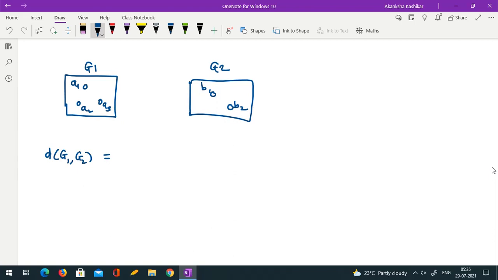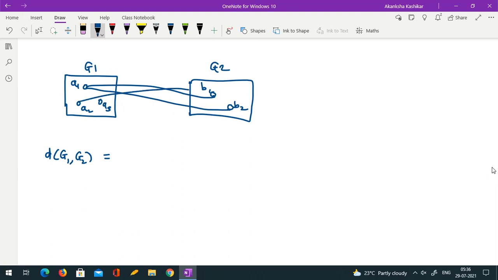Now, what are a few of the obvious things that come to your mind? Maybe the most basic thing is to take some sort of average distance. What do I mean by average distance? Let us see how many possible distances there are when I go from group G1 to G2. I may go from A1 to B1 or A1 to B2.